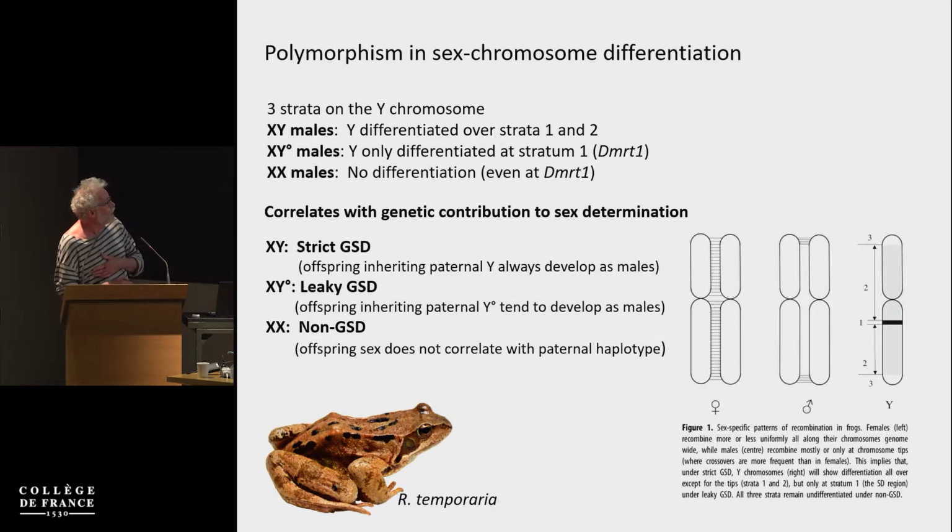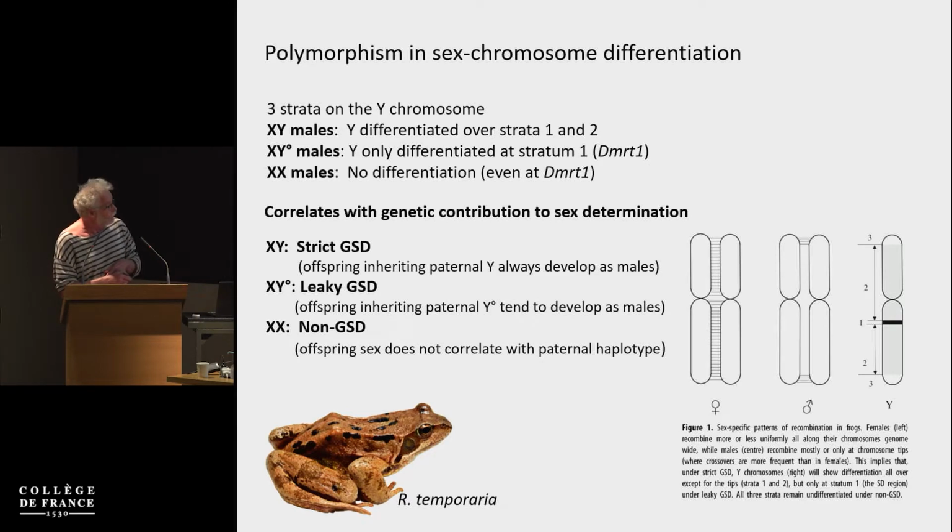And in non-GSD, so in the XX system, we have non-genetic determination, in the sense that there is no correlation whatsoever between the sex of the offspring and the paternal haplotype on any chromosome, or the maternal haplotype either.